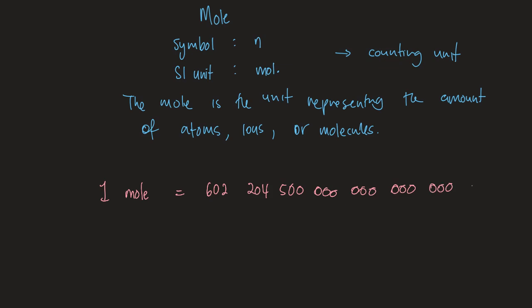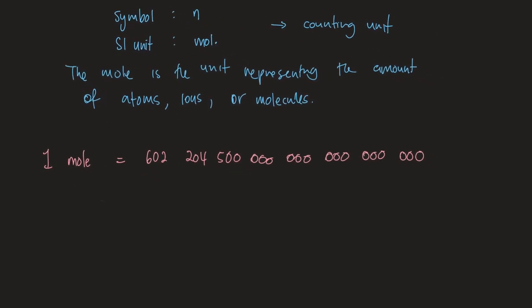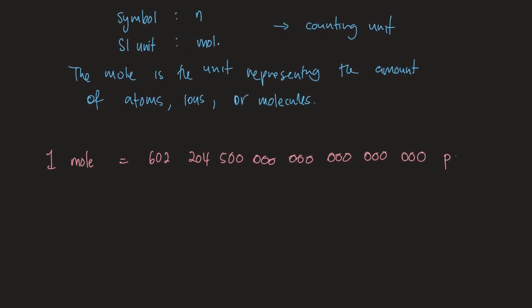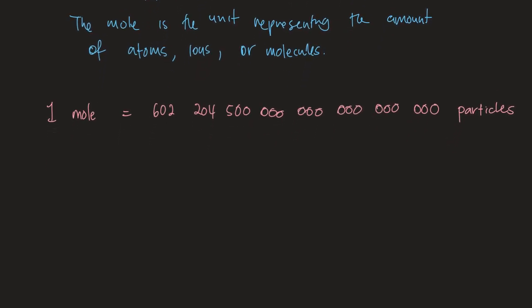You've got to know this number, but obviously we're going to simplify it. In 1 mole of any substance, there is that amount of particles. That number is bigger than a century, bigger than a millennia. So we put it in scientific notation, and we say that 1 mole is equal to 6.022 times 10 to the power of 23 particles.